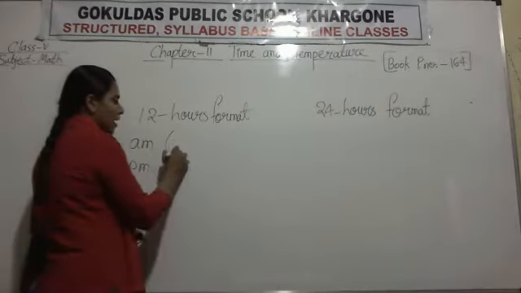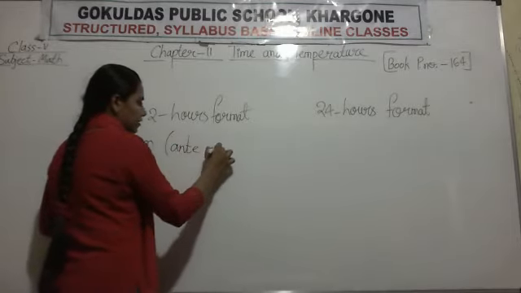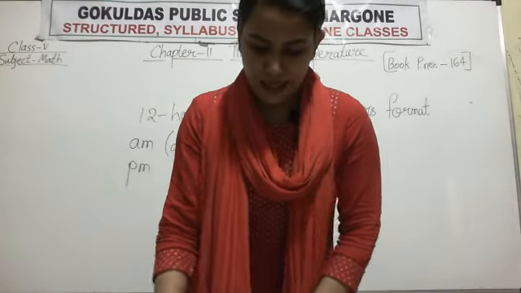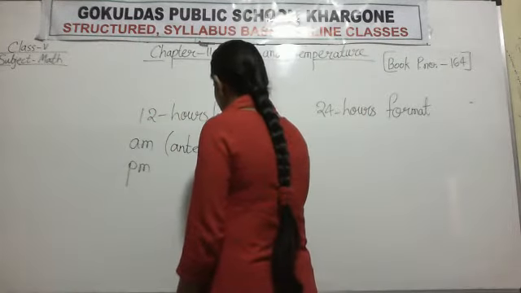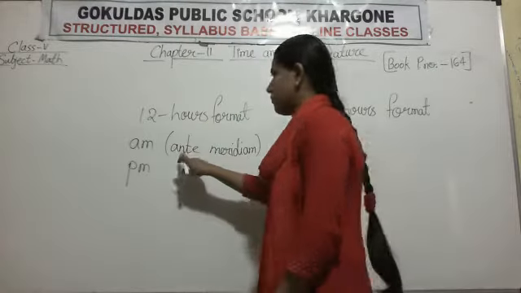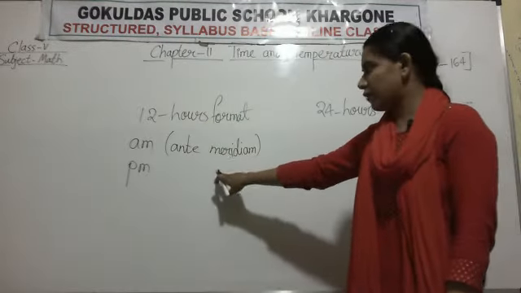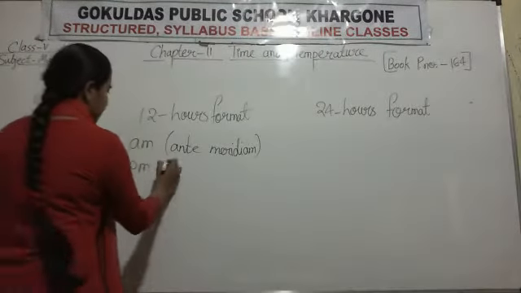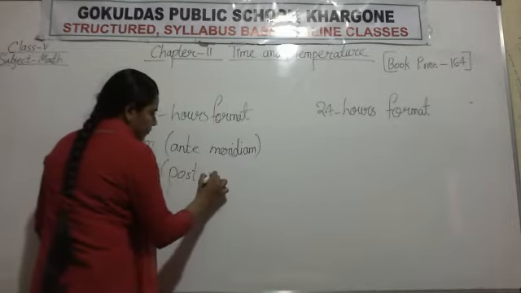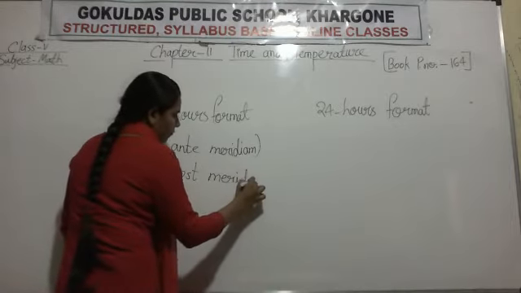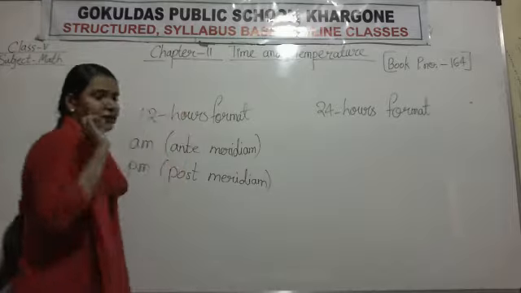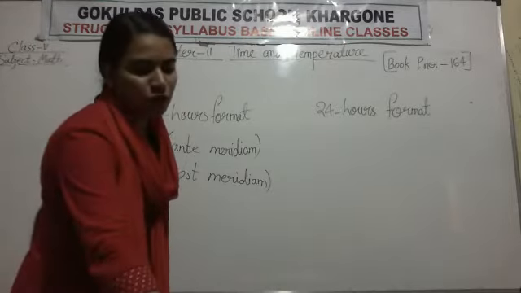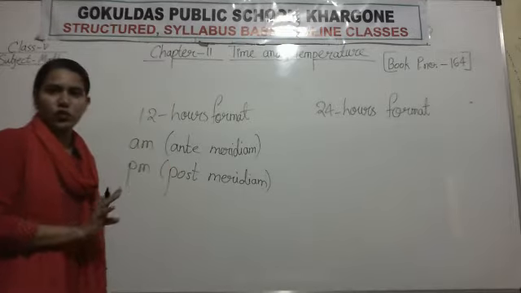The full form of AM was anti-meridian, and the full form of PM was post-meridian. Right now do not write anything, just understand all the things. When I tell you to write, then only you will write.